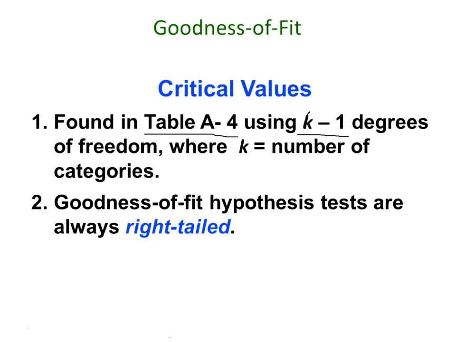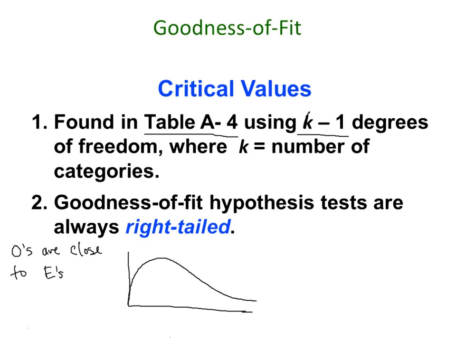Now, a goodness of fit test is always right-tailed. This has to do with the fact that either the O's are close to the E's, or they're not.